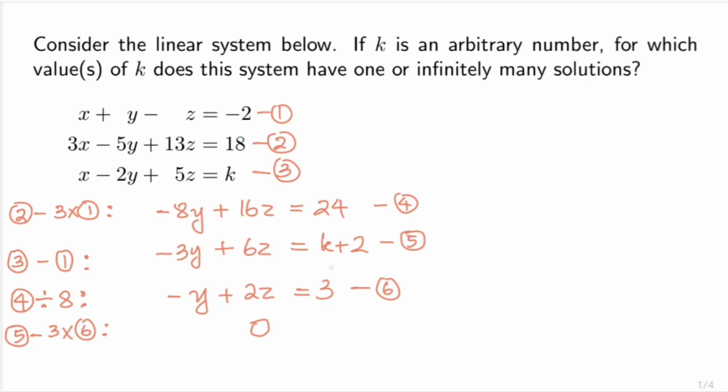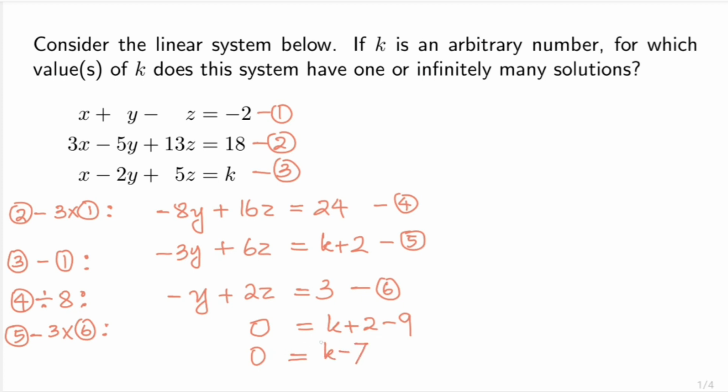Then we have k plus 2 minus 3 times 3. So k plus 2 minus 9. And this gives us 0 equals k minus 7.